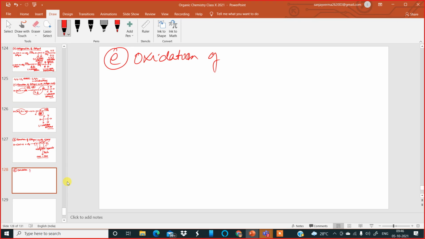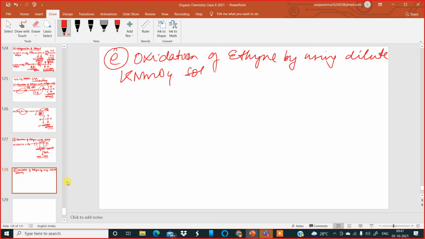This potassium permanganate is an oxidizing agent. It is called Baeyer's reagent.